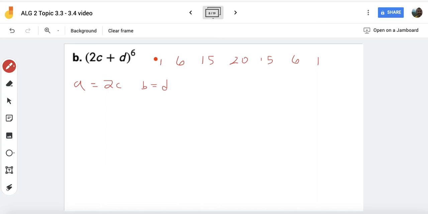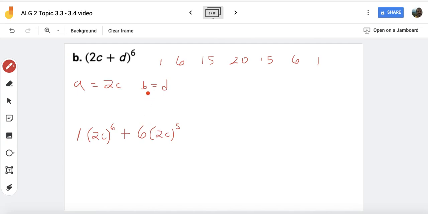All right, for the first term, the coefficient I start off with is 1. Then I need A, which is 2C this time. First time we've had a coefficient in there, and that's raised to the 6th power. Plus, oh, and there was no D. There was no B value. Now for the next one, the starting coefficient is 6 times 2C to the 5th power.